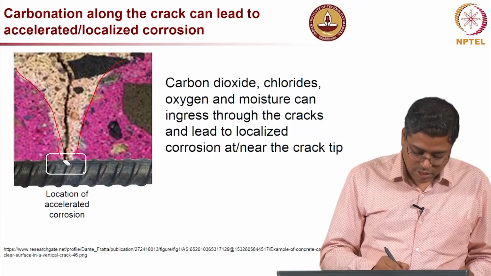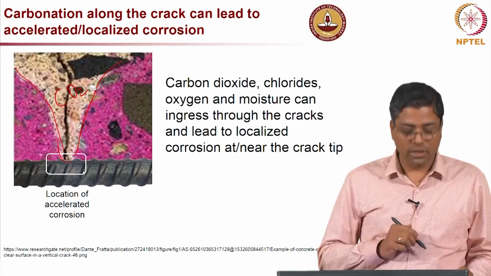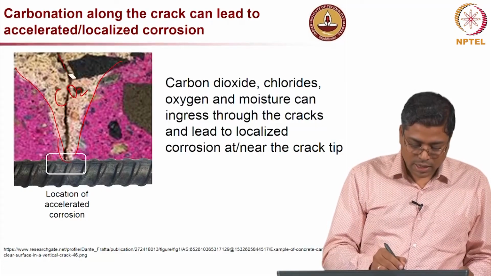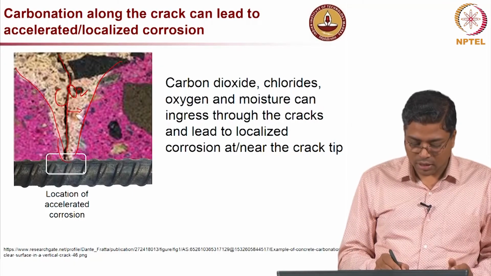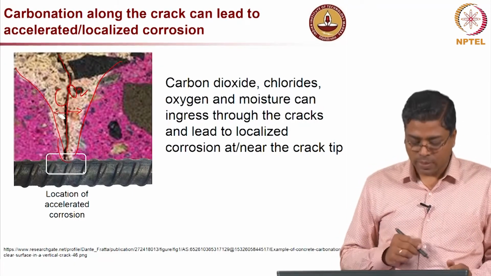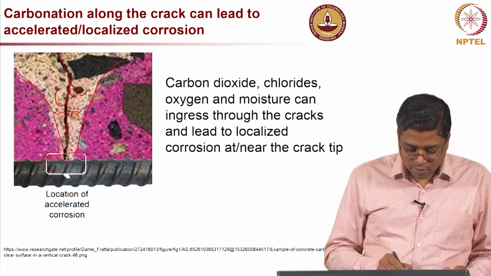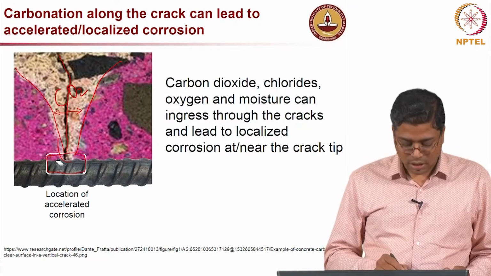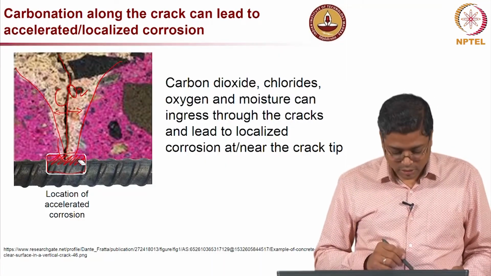This region is very clearly a highly carbonated region, and there is a crack here through which carbon dioxide is reacting, and also reacting in this direction. Okay. So, what is the end result? You will have localized corrosion in this region. So, the steel in this region might experience localized corrosion.